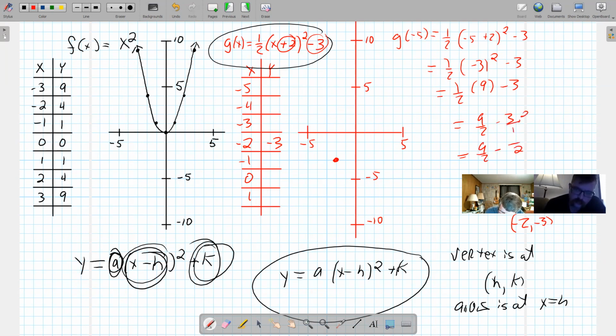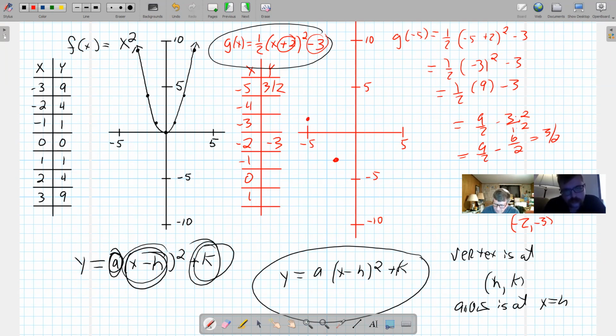Let's see, we'd have to multiply by 2 over 2. So 9/2 minus 6/2, which is 3/2. So all that calculation just to get that point: -5, 3/2, which would be right about there.